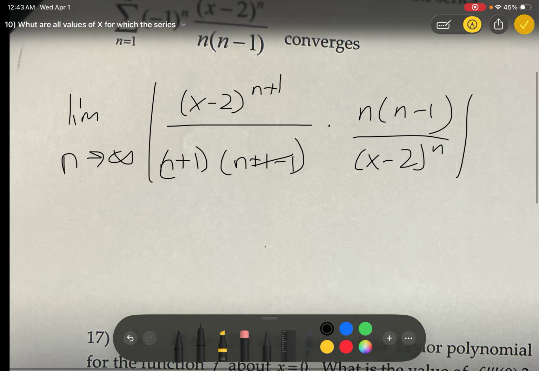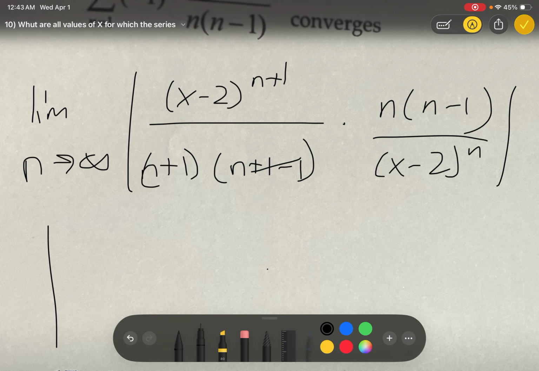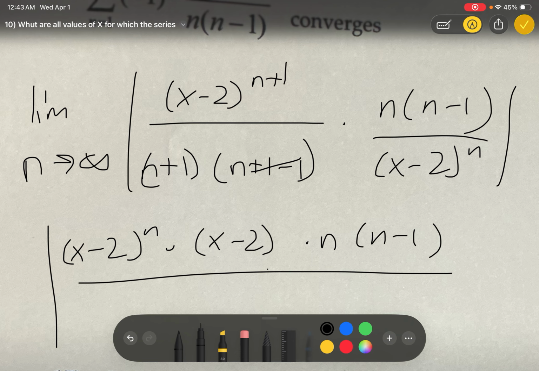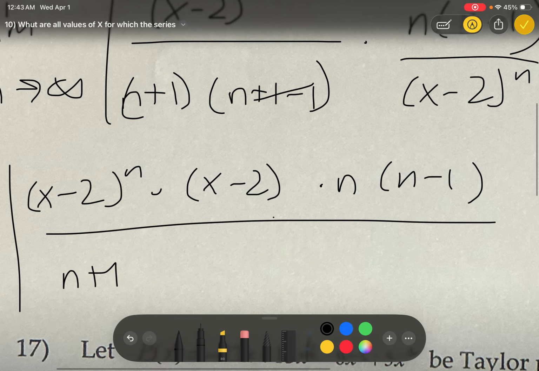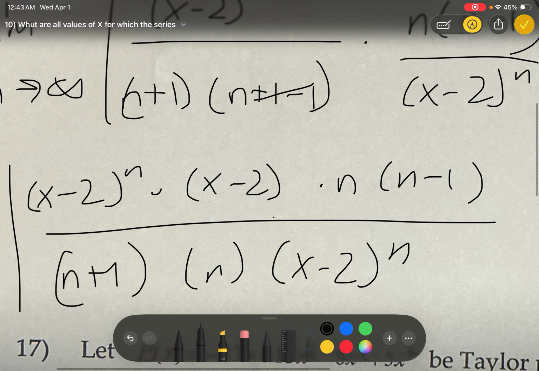I'm going to simplify everything already so that I do not consume too much space, so it's going to be x minus 2 times n minus x times 2 times n and minus 1 and plus 1 n and x minus 2 to the n.